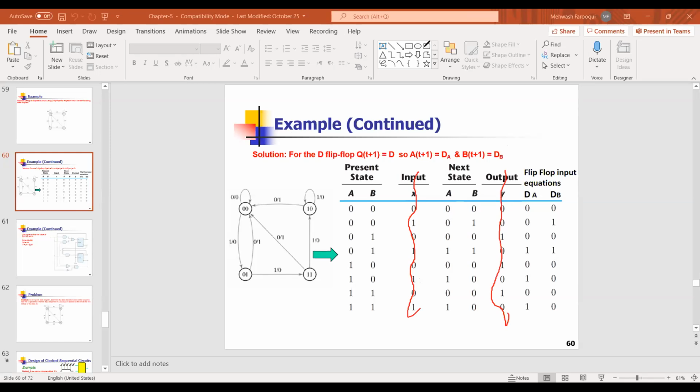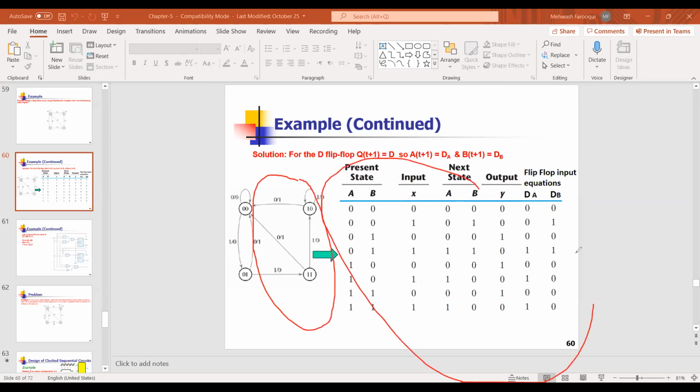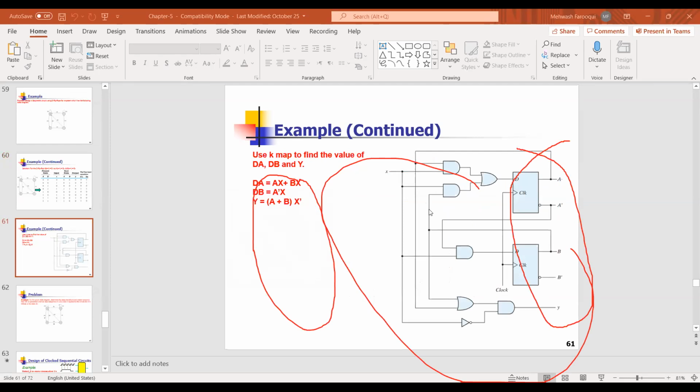First the state diagram, then the state table, then I will use whichever flip-flop we want, which means the excitation table. After that, the K-map and then draw the circuit. I will follow the same steps for the synchronous counter also. Clear?